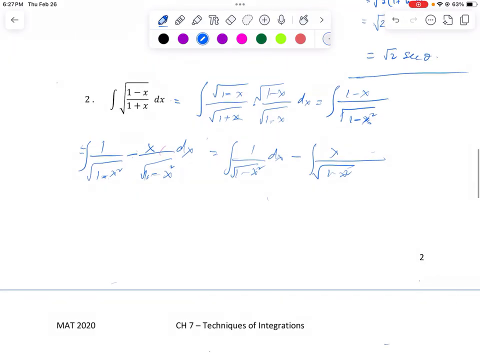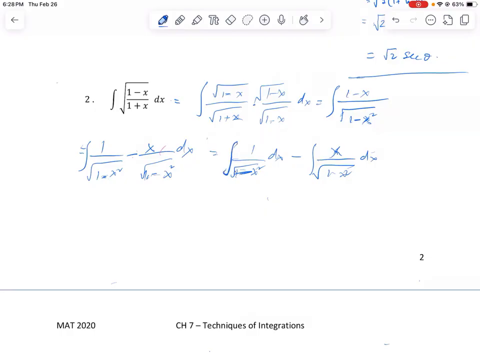Now the first one is straightforward, that is just sine inverse x, this one.